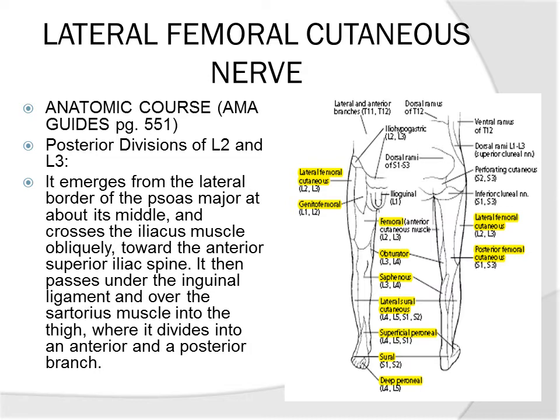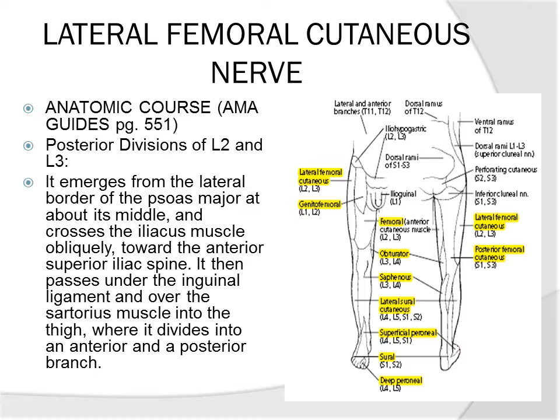From there, it continues downward and it crosses the iliacus muscle. If you remember, the iliacus muscle is lining the anterior surface of the iliac crest, the intrapelvic face of the iliac crest.